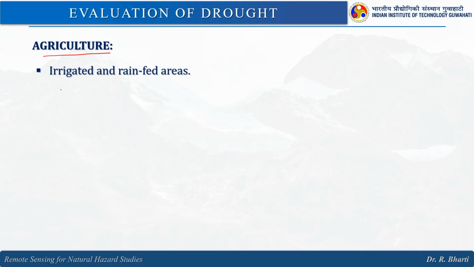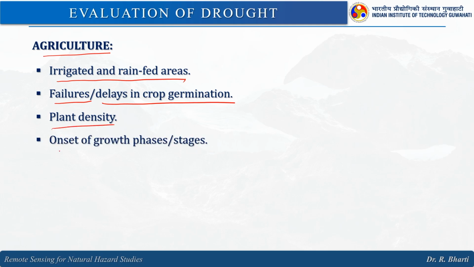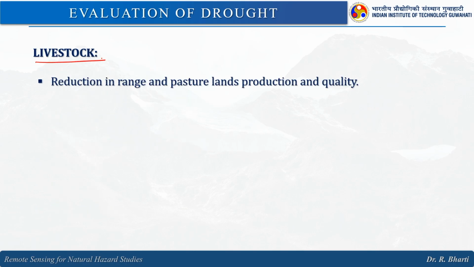In agriculture, how do we evaluate? Irrigated and rain fed areas, failures or delay in crop germination, plant density, onset of growth phase or stages, crop yield, these can be monitored and we can evaluate the drought condition of a particular area. Then comes the livestock.